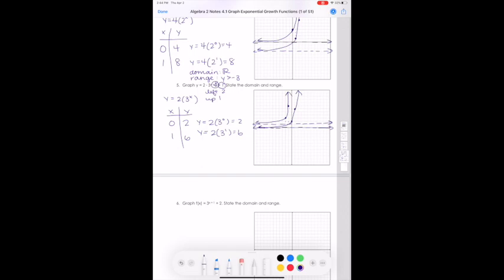And there you have it. There's our graph. Alright, last thing, domain and range. The domain is all real numbers. And the range, y is greater than 1 this time.